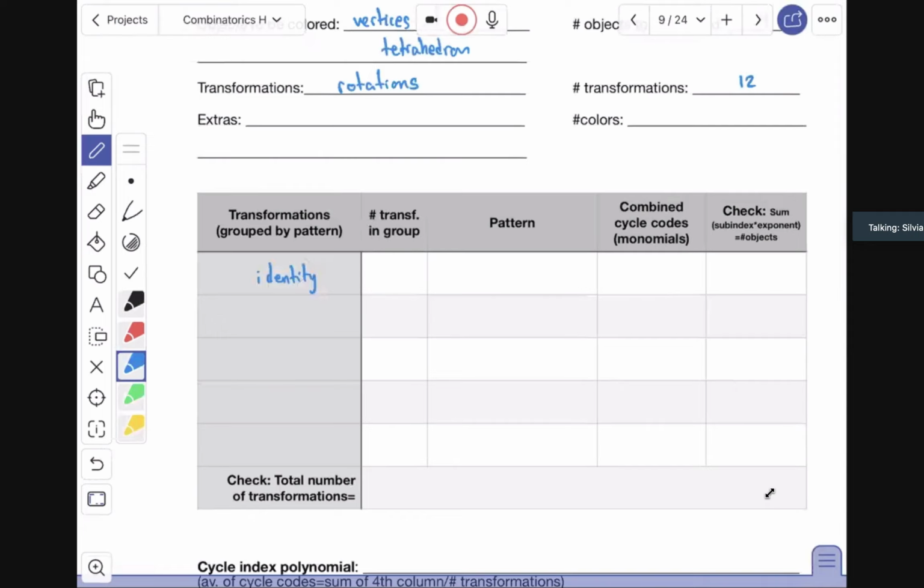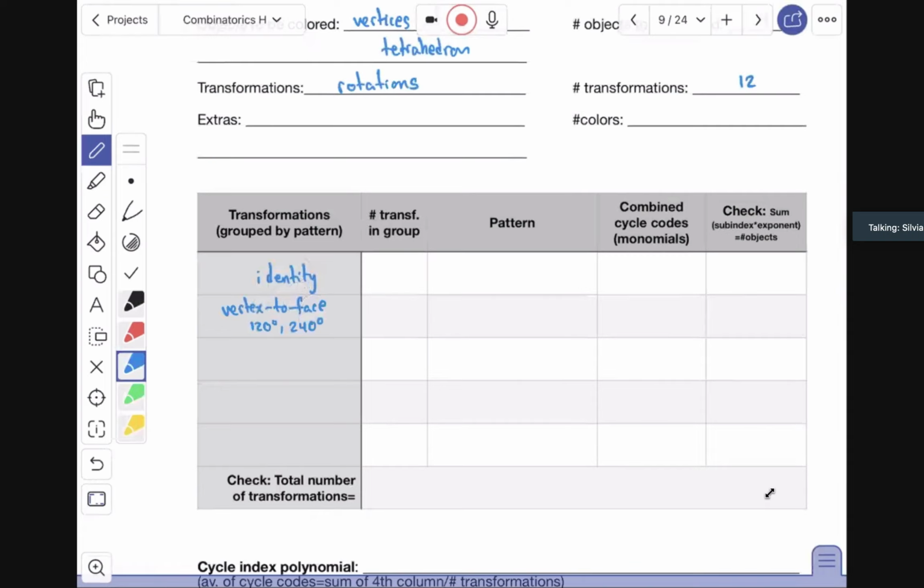I call them vertex to face. Because the rotation axis goes from one vertex to the center of the face, and that's where you spin, okay? I have 120 and 240. I have three rotations, but one of them is the identity.